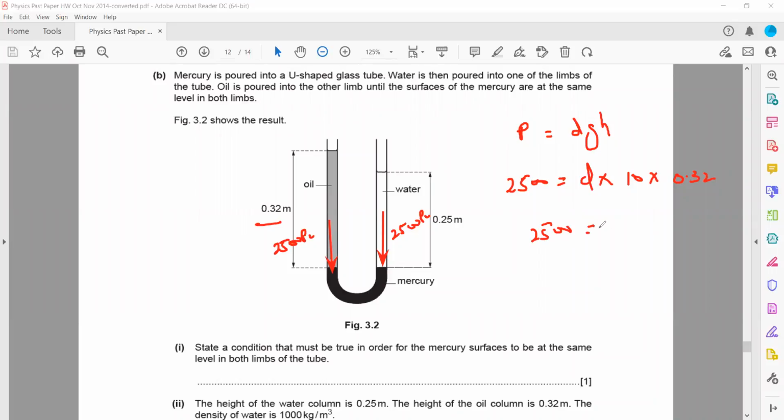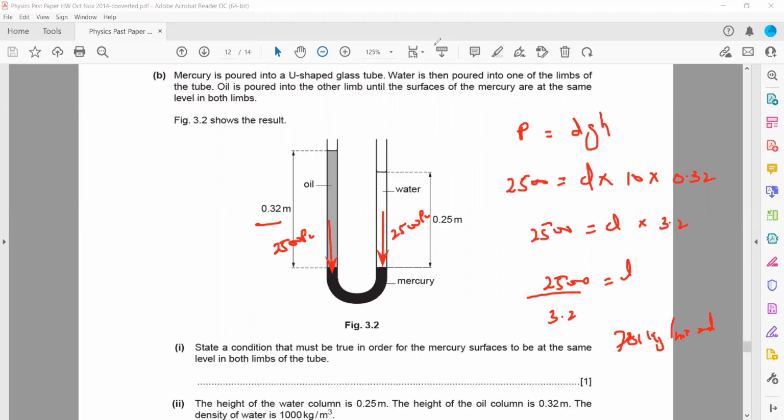So 2500 equals D into 3.2. 3.2 is multiplied, so on the other side it will be divided. So 2500 divided by 3.2 is equal to 781 kilogram per meter cube. That will be the density.